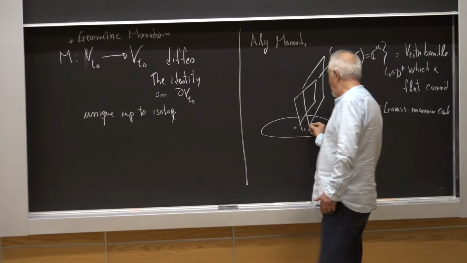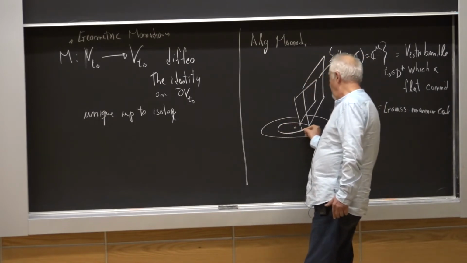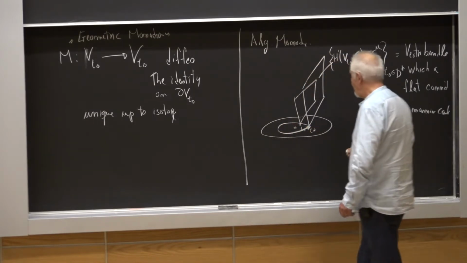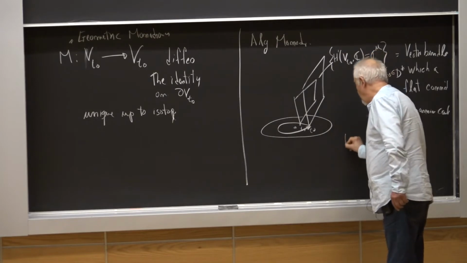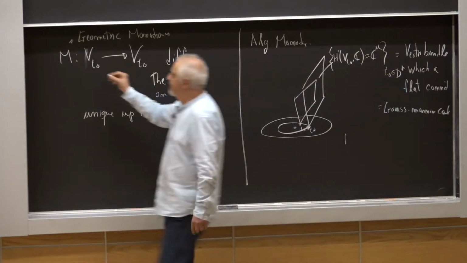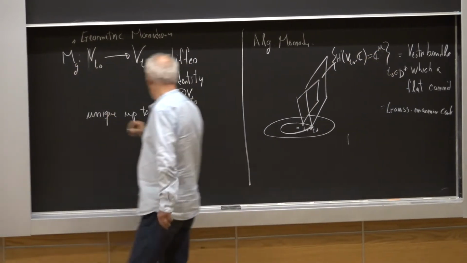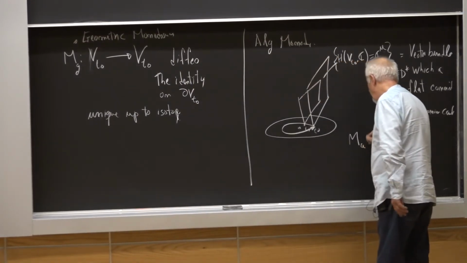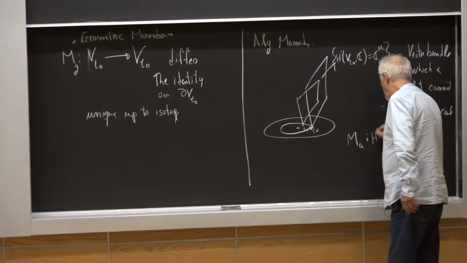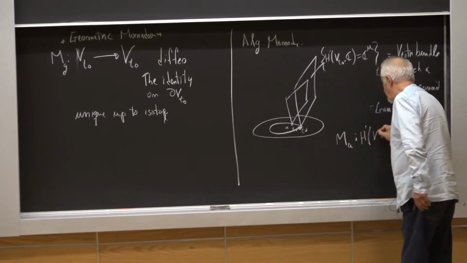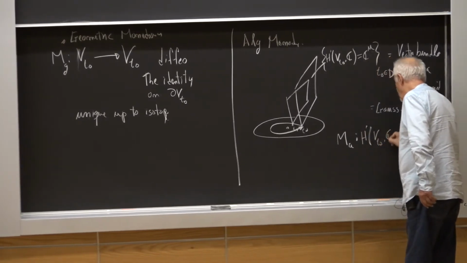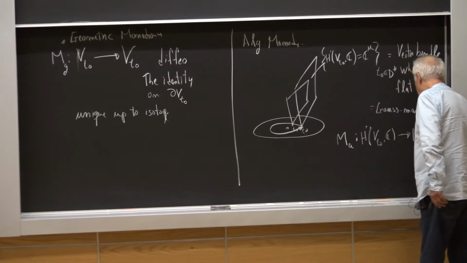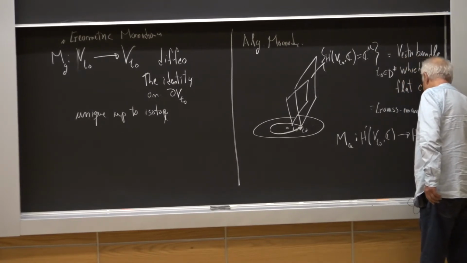Then when we go around a closed loop, we will get a map, which we'll call the geometric monodromy map. And then we get the algebraic monodromy map, which is a map from H1 of V_t0 with complex coefficients to H1 of V_t0 with complex coefficients.